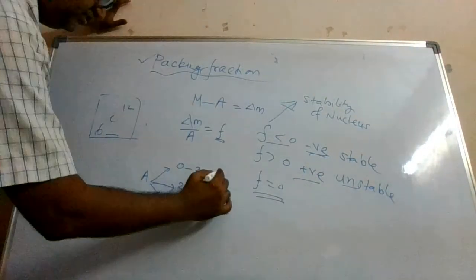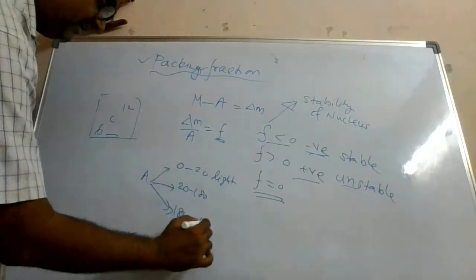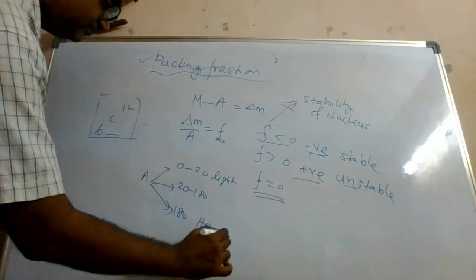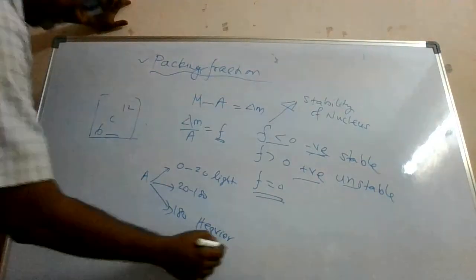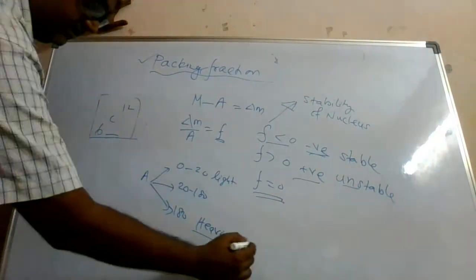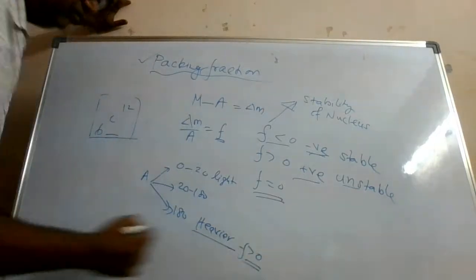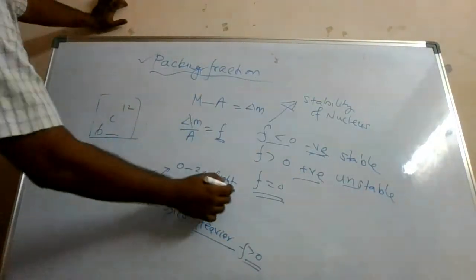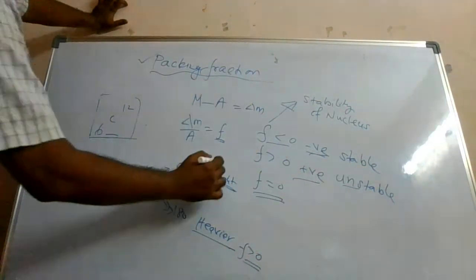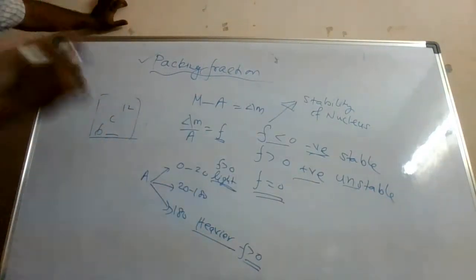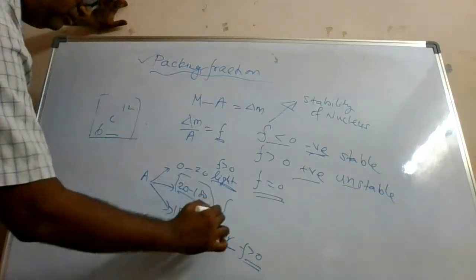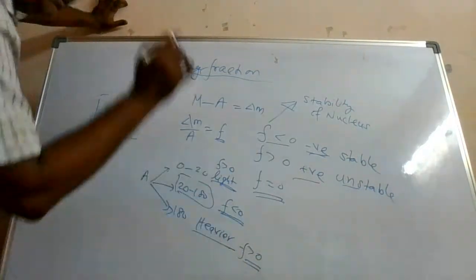These are lighter nuclei, these are heavier nuclei, this is intermediate. The heavier nuclei are unstable, and here the packing fraction value will be greater than 0. These light nuclei are also unstable. Here also it is observed that packing fraction is greater than 0. In this middle portion, you see that packing fraction is less than 0.